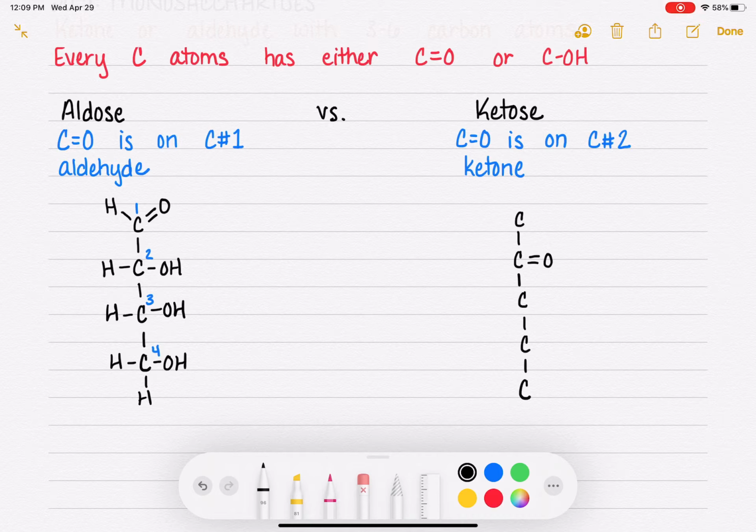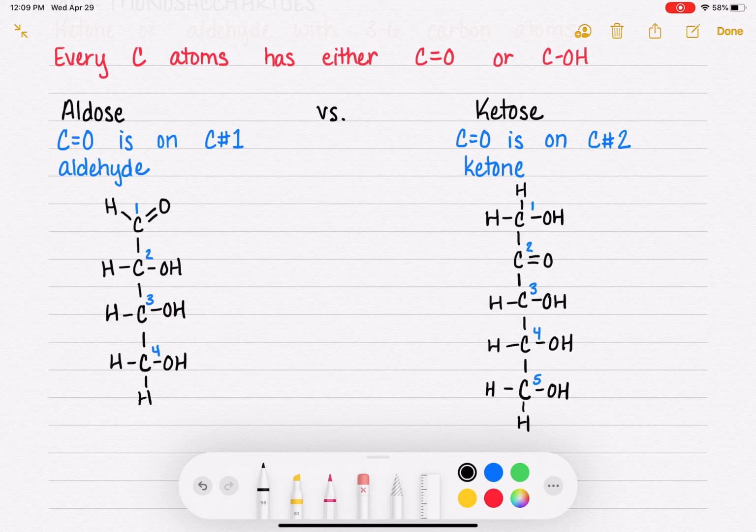So we'll fill those in, and then we'll add hydrogens as we need to make sure that every carbon has 4 bonds. And let's put numbers on our carbons. There's 1, 2, 3, 4, 5. I left a hydrogen off of carbon number 5. So there's our ketose with the carbon-oxygen double bond on carbon number 2.